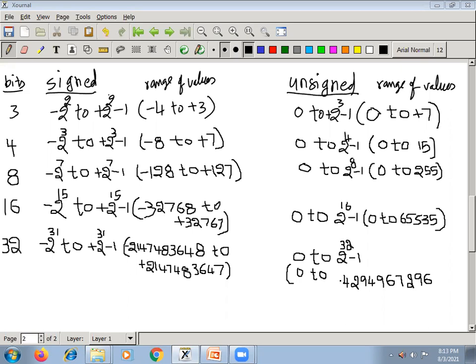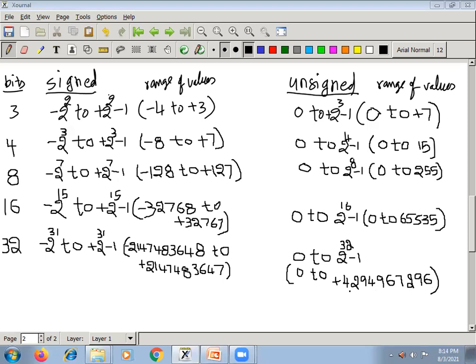So this is the largest positive number I can store: 4294967296. You just need to practice this. Once you practice, you can remember it, just like remembering a 10-digit phone number.